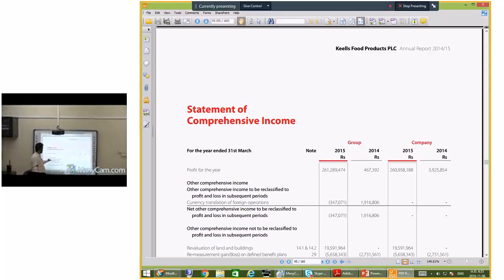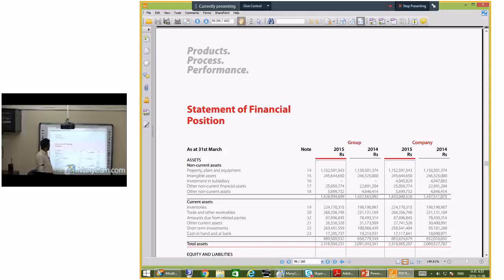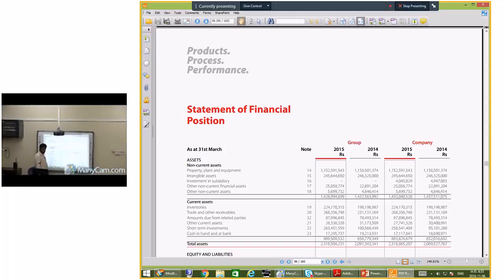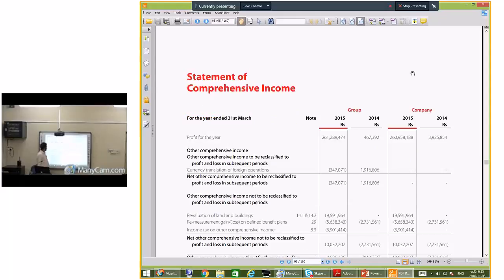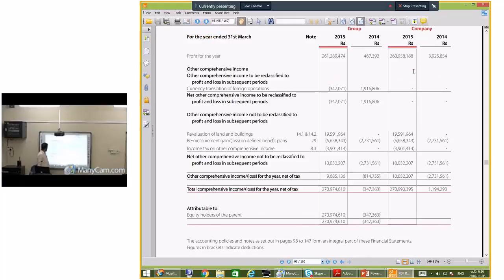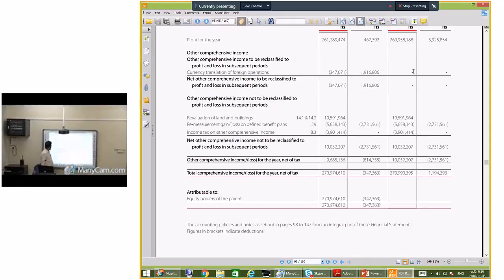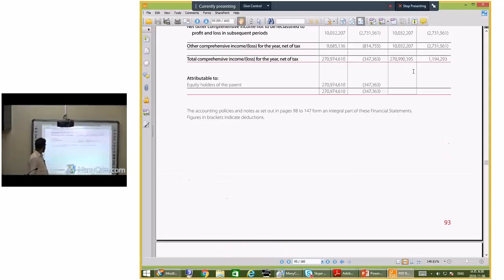Now this is the total report: statement of comprehensive income, then profit for the year and profit for the equity shareholders.